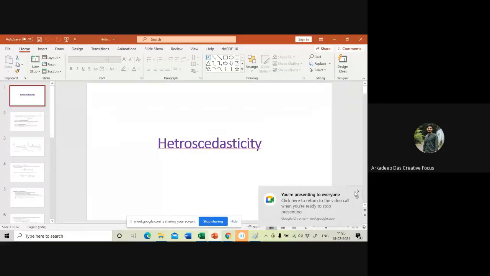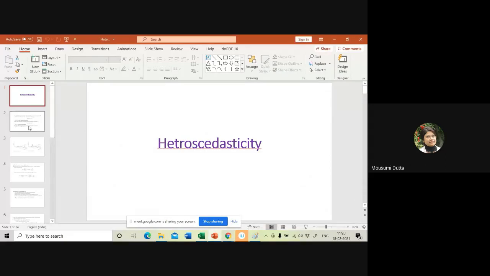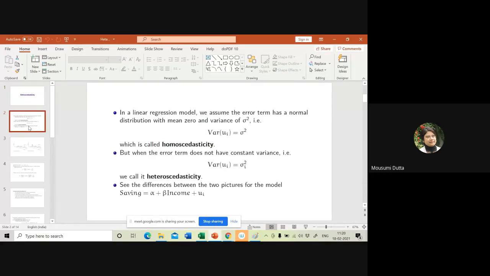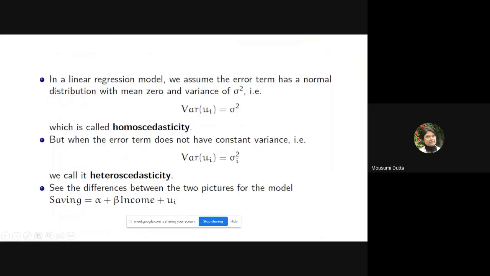Today's topic is heteroscedasticity. In a linear regression model, we assume that the error term has a normal distribution with mean 0 and variance sigma square. So simply, if I introduce the idea, variance of ui is equal to sigma square.